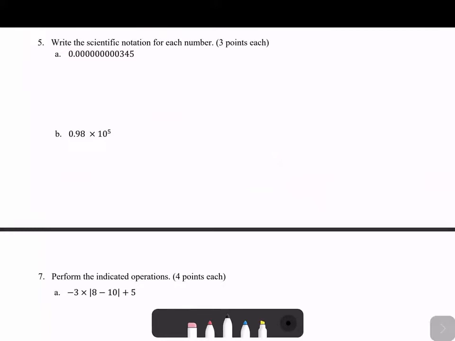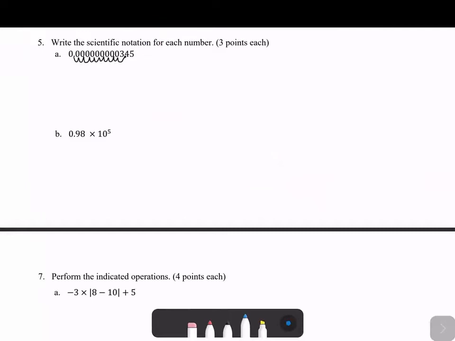Okay, so the first one is pretty simple. So remember that in scientific notation, your highest place value is going to be in the ones. So you just need to move this decimal 10 times until you get a 3.45.